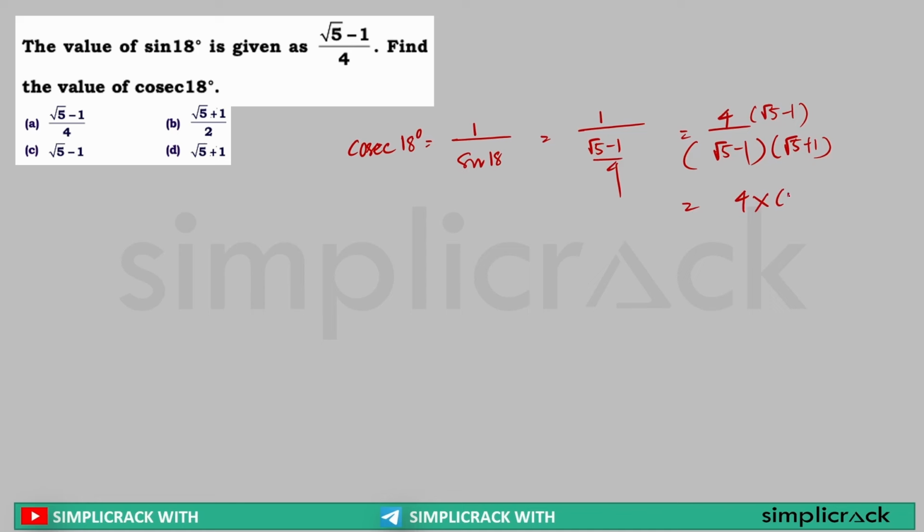Sir, 4 into (root 5 plus 1) divided by (a minus b) into (a plus b). So a square, that is root 5 square, is equal to 5, minus b square. Sir, 5 minus 1 is 4, 4 into 4 crossed out. Answer is root 5 plus 1, that is option D. Clear? Yes or no? Sorted? So this is how you can directly find the answers.